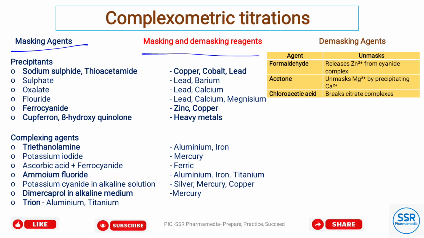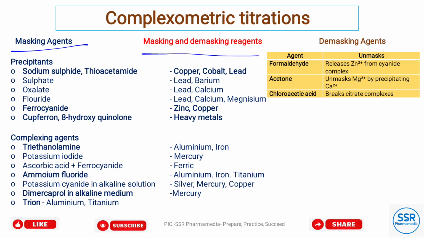So that gives an error in the result. In order to prevent that, we add a masking agent, so we are titrating one by one. So masking and demasking are especially used when we want to estimate more than one or two metal atoms.